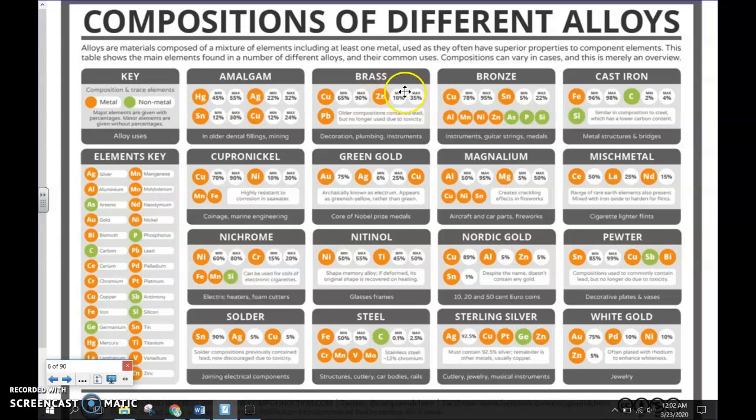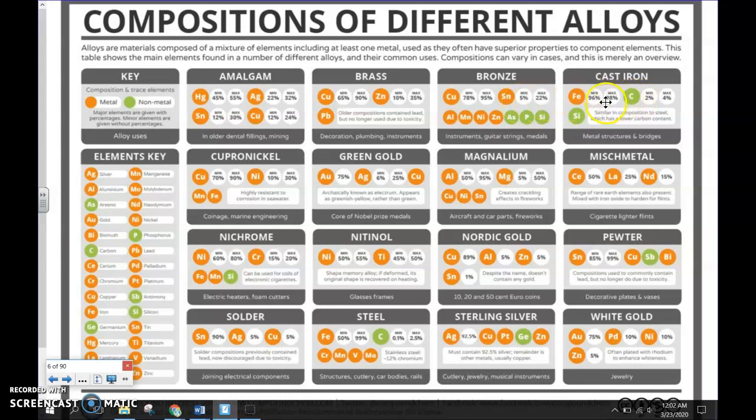Okay, so those are your ratios to each other, your percentages, and that can actually change. And it's not an exact science. We're going to watch a video clip about making a bell later this week, and it's going to talk about how with these percentages, you can try to do your best, but it's not going to be the same every time.